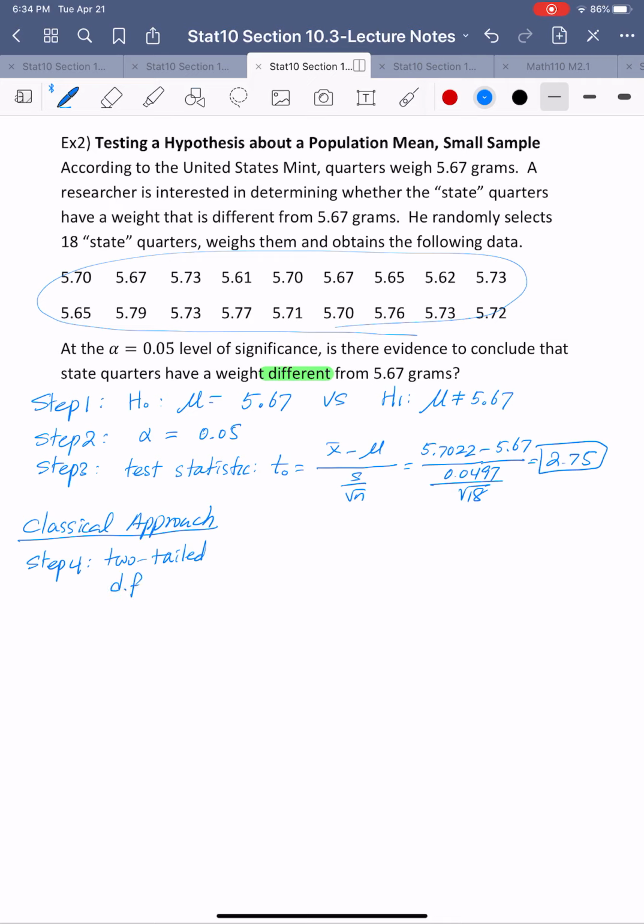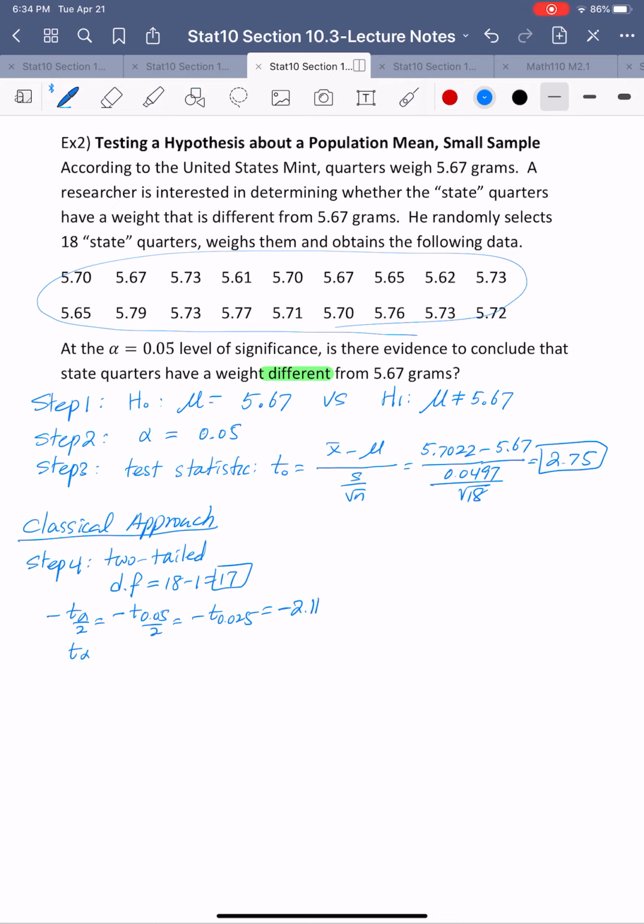So since it's a two-tail, we have to find negative t alpha over 2, which is negative t 0.025 with 17 degrees of freedom, so I'm getting negative 2.11.